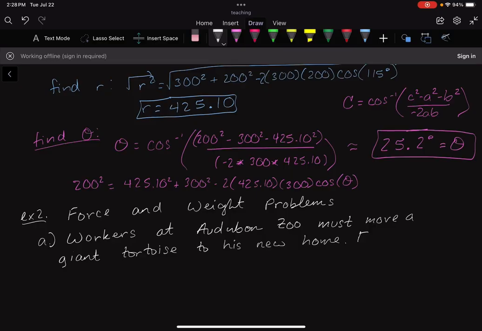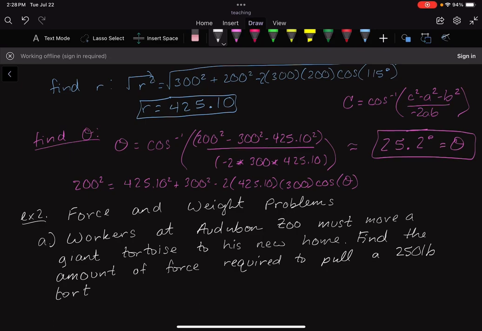Find the amount of force required to pull a 250-pound tortoise up a ramp.